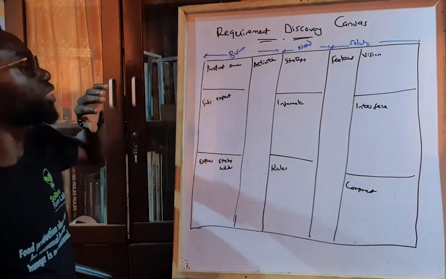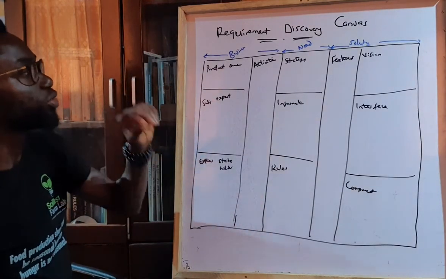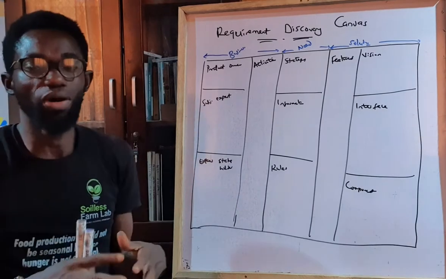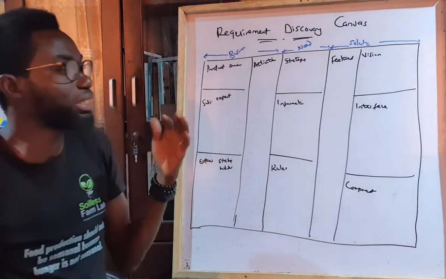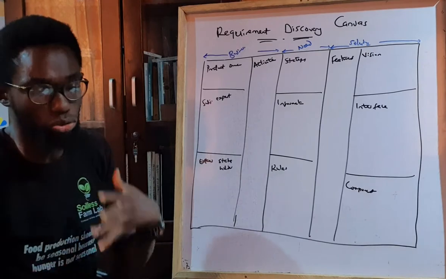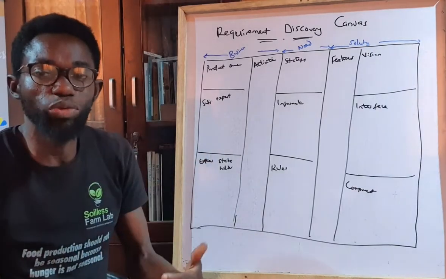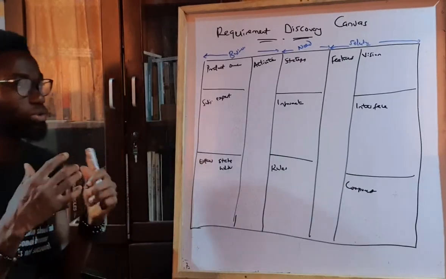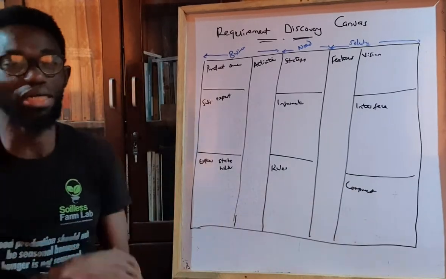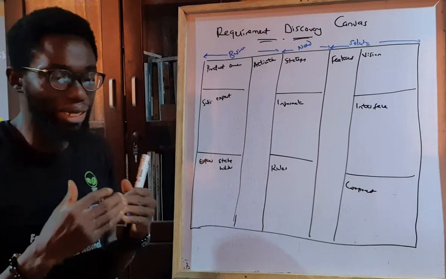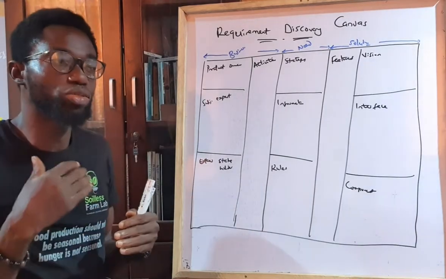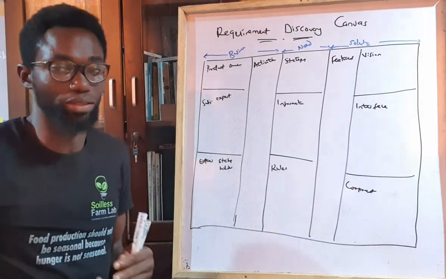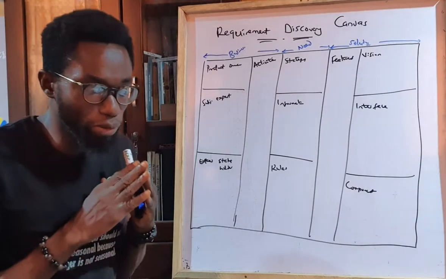So this next one we're looking at is called the requirement discovery canvas. Now these are for people who are looking into building software as a solution in 2022. So it's possible that you've looked at the Greek environment and you have seen a gap where you feel software can come into play, so you want to develop a software.